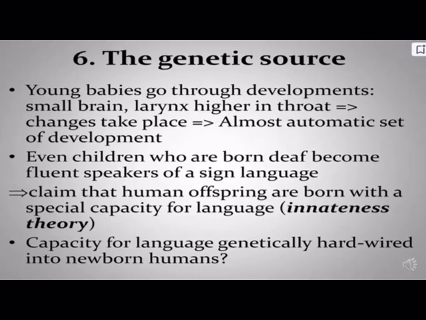They speak sign language by using their hands, different gestures, different actions. So a newborn baby can learn sign language, and they can express it fluently, and claim that human offspring are born with a special capacity for language. Innateness theory proved that.